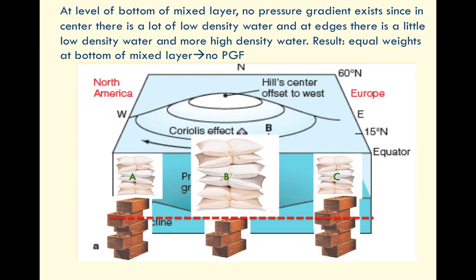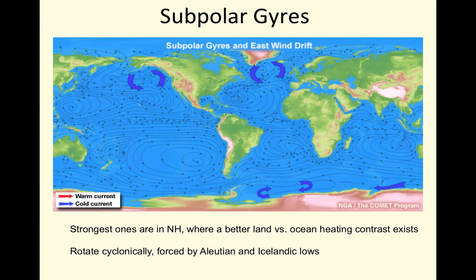So a rather complicated way just to show you that this geostrophic flow around the gyres is limited to the mixed layer itself. Now, underneath semi-permanent low-pressure systems, such as the Icelandic and Aleutian lows, you know that the winds wrap cyclonically or counterclockwise in the northern hemisphere.